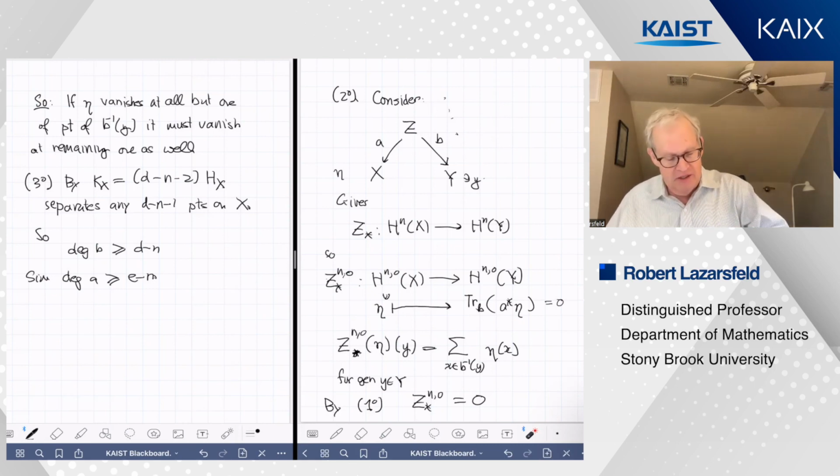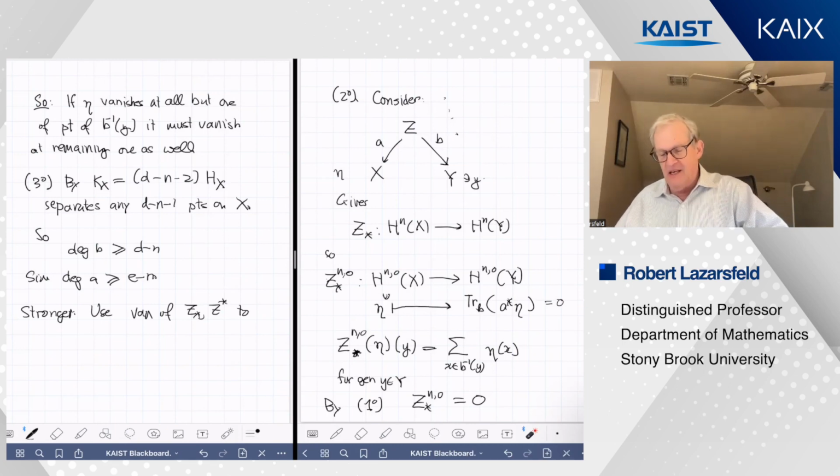For the stronger statement, this is the second half of the argument. It gets into some projective geometry. You use the vanishing of these maps Z lower star and Z upper star to show that the fibers actually span lines in their relevant projective spaces.